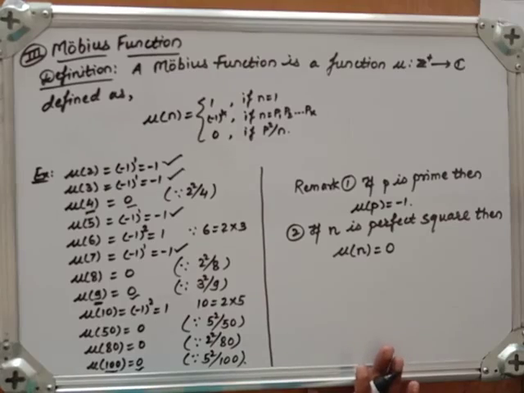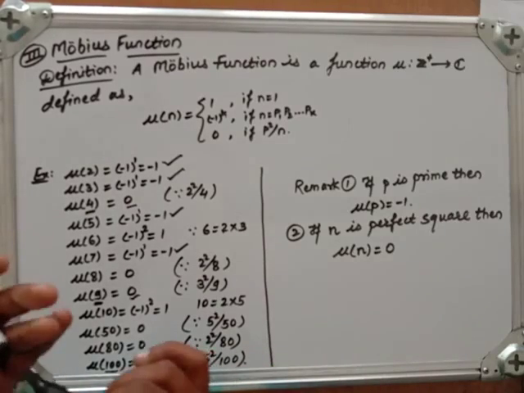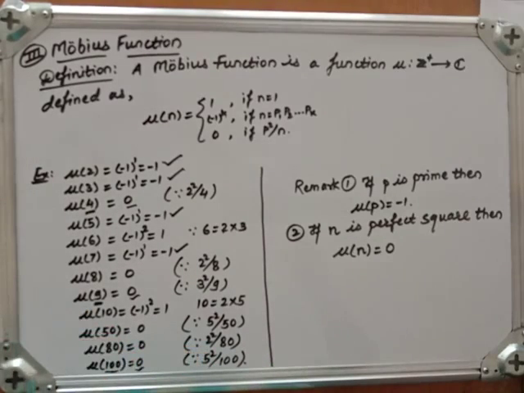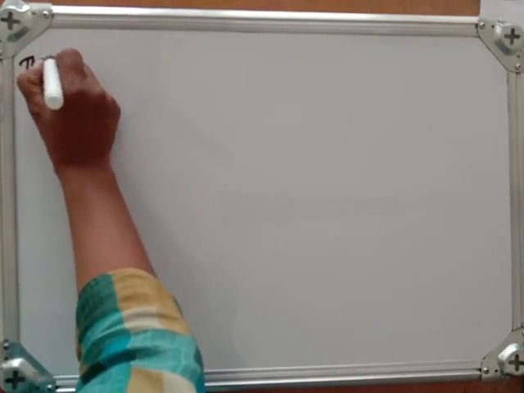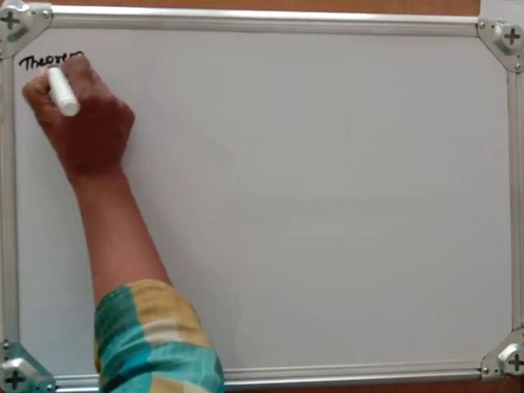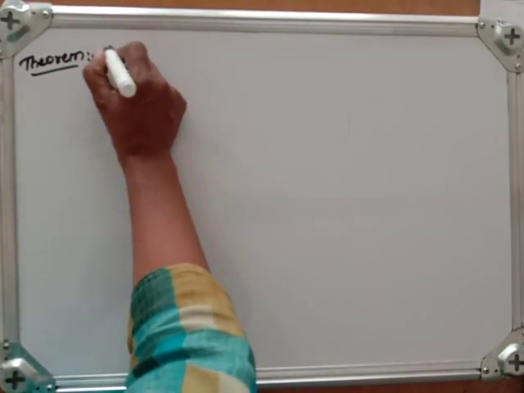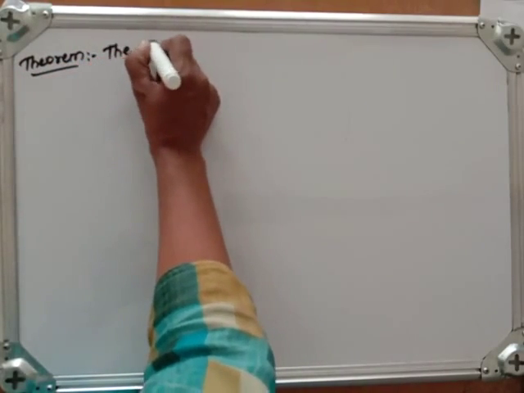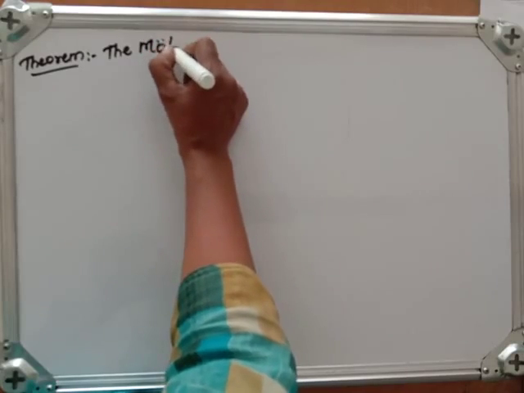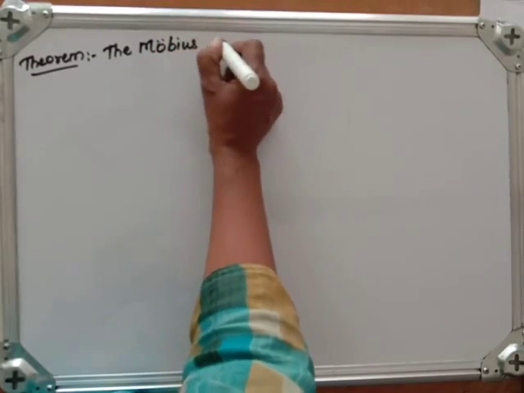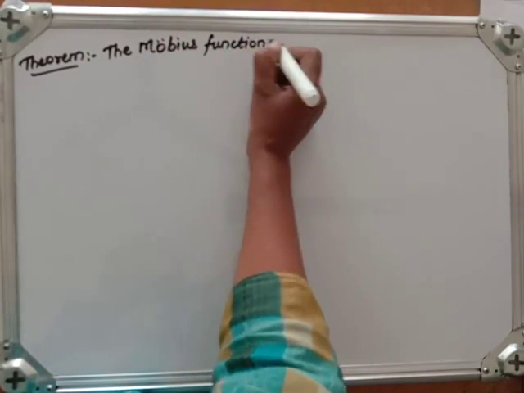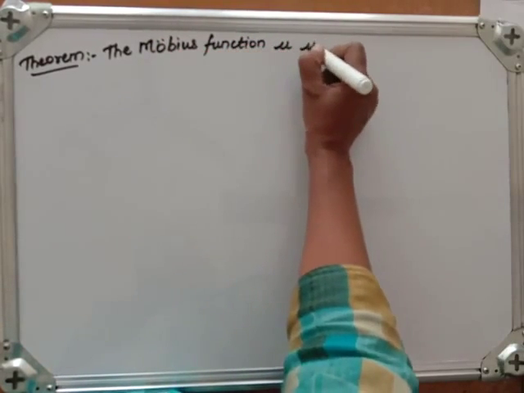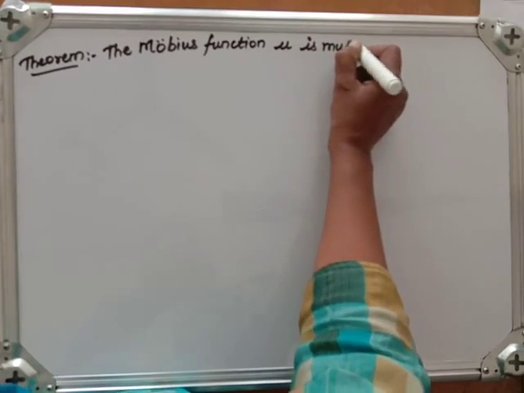Now let's see some theorems on this Mobius function. So theorem: the Mobius function mu is multiplicative.